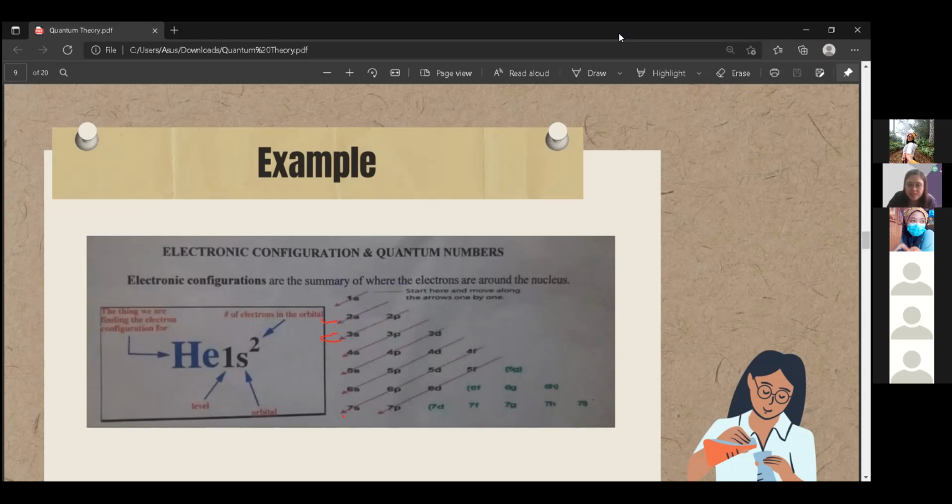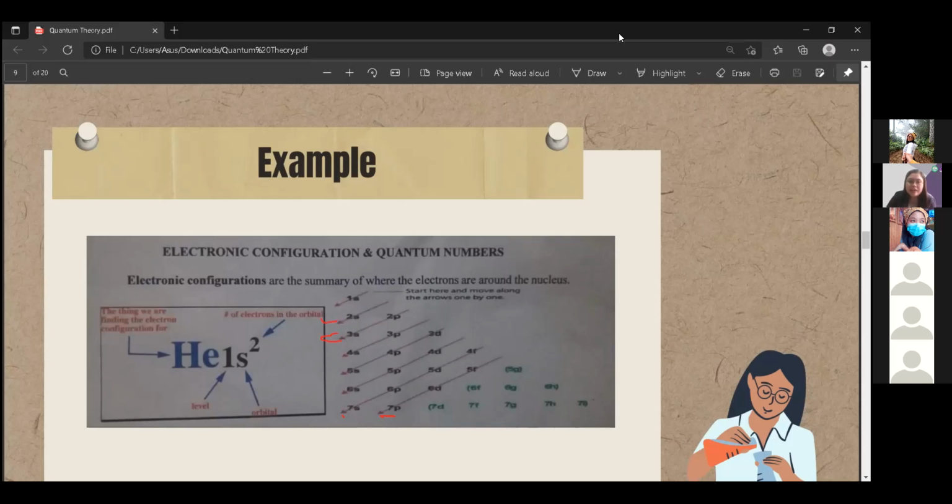Pababa na yan siya. As you can see, may mga naka-green part diyan. Ito yung mga reserved natin na mga energy shell, kasi so far, yung mga nadi-discover na mga elements, hanggang dito pa lang tayo, I think, sa 7P.